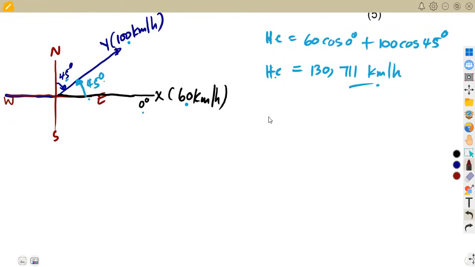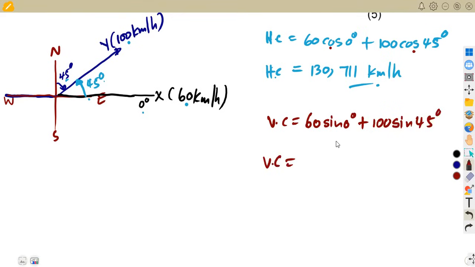We move on to the vertical component, which is the same, just change this to sine. So we're going to have 60 sine 0 plus 100 sine 45 degrees. As you can see, this is the easiest way of solving. With time, I'm going to come back with another way of changing these into negative.